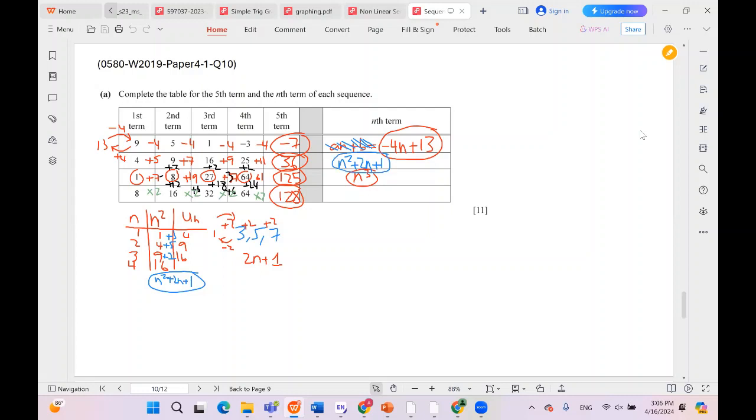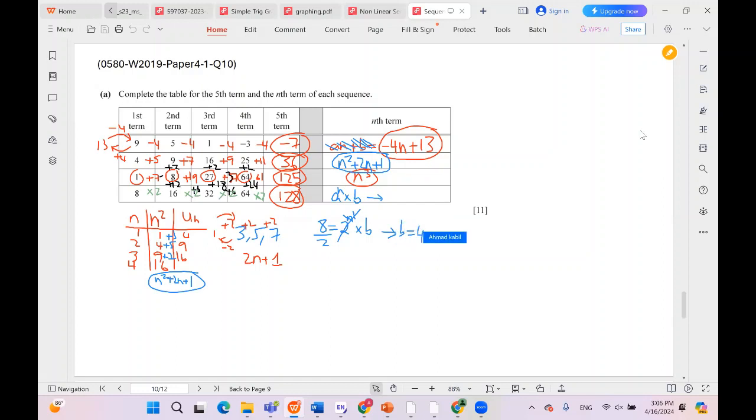Finally, for the exponential sequence, we should know that it's a power n times b. So for a power n, the a is the 2 because it's times 2 every time. So it's 2 power n times b. And we put 8 for the first term, and then we put 1. To get b, we divide by 2. So this goes out, and this becomes 8 over 2. So b equals 4.